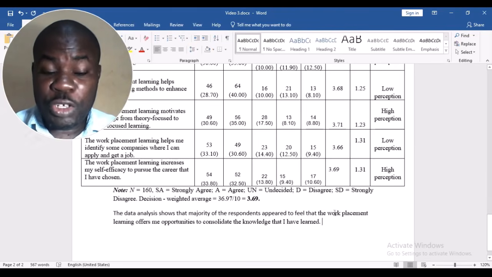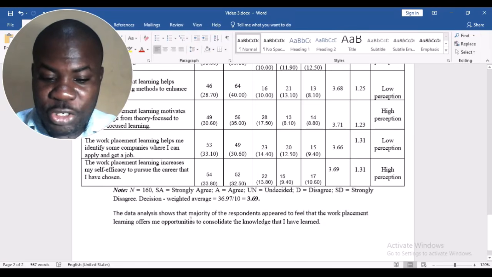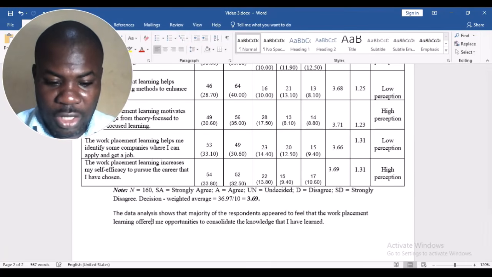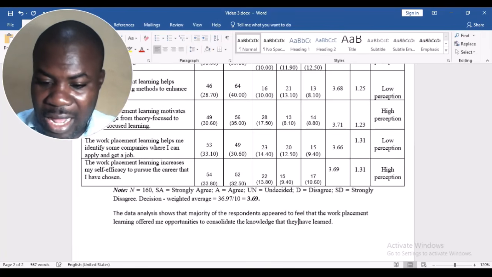No, you need to make meaning of the item statement. So, as I said, the data analysis shows that the majority of the respondents appear to feel that the work placement learning offered them opportunities to consolidate the knowledge that they have learned.